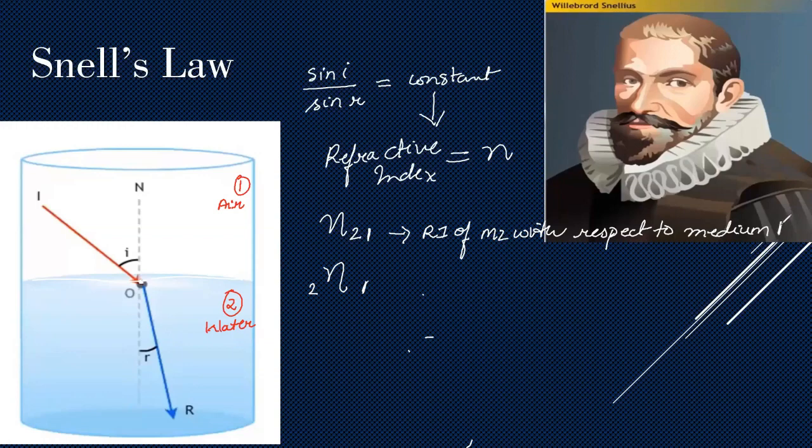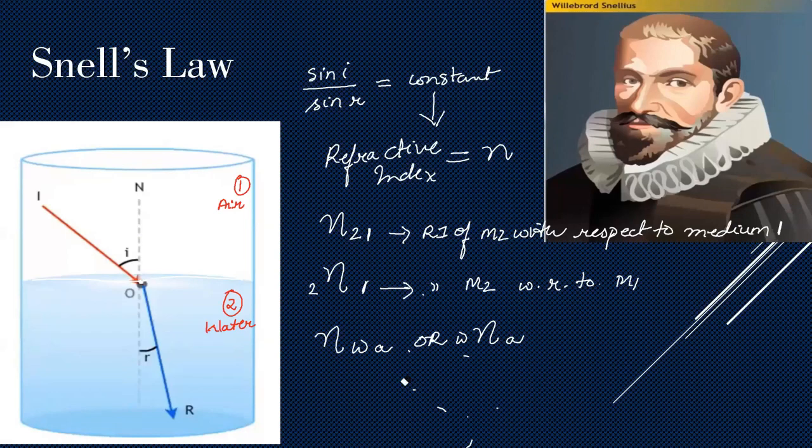That is from where it is coming, and where is bending happening? Bending is always happening in the second medium. So always remember refractive index will be of the second medium, right? So this one also tells us the same thing, refractive index of medium 2 with respect to medium 1. To be precise, I can also write this as refractive index of water with respect to air.